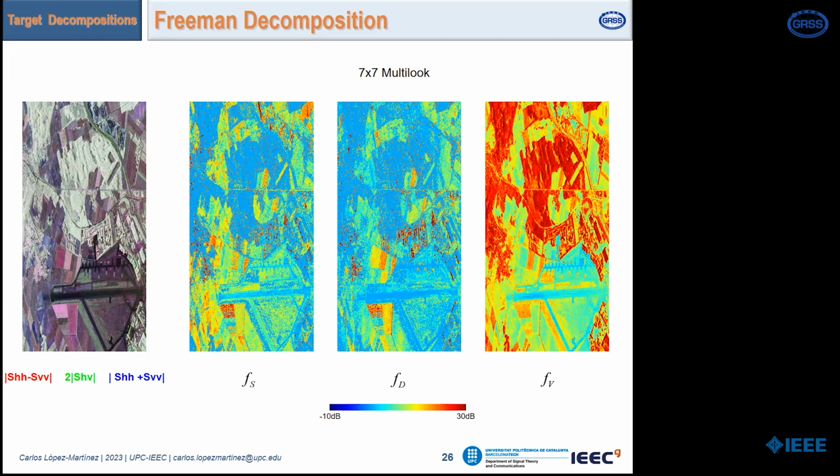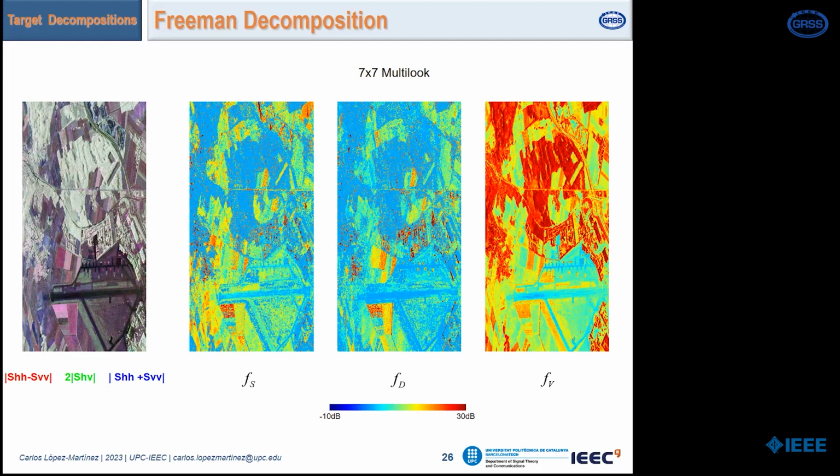Look at the distributed target, the forest. If I make the decomposition, what I see is that I don't have surface, I don't have double bounces except in some locations, but I see a lot of volume. So you can identify where you have the volume. You have it in the forest.